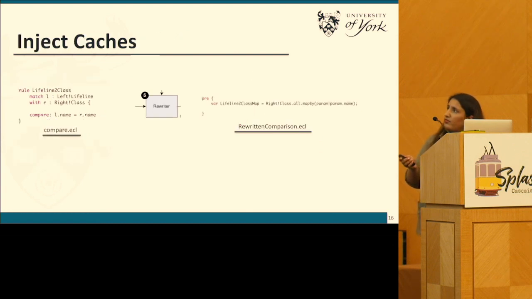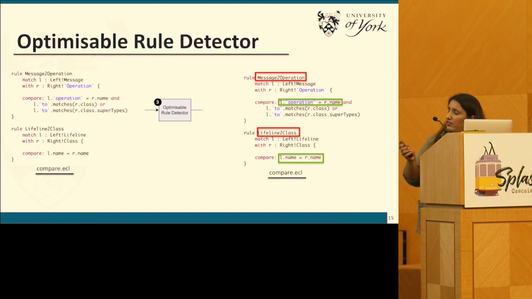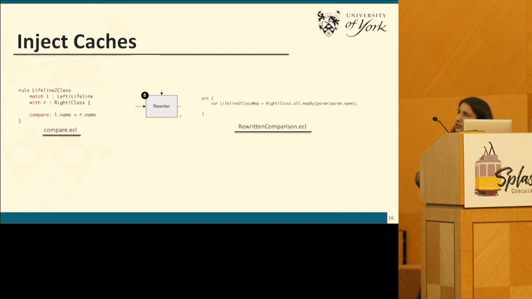So after this step, what we will end up with is the rule and this field from which we need to create an index. So the second step in the rewriting phase is injecting caches. I mentioned the pre-block usage in the Epsilon Comparison Language.